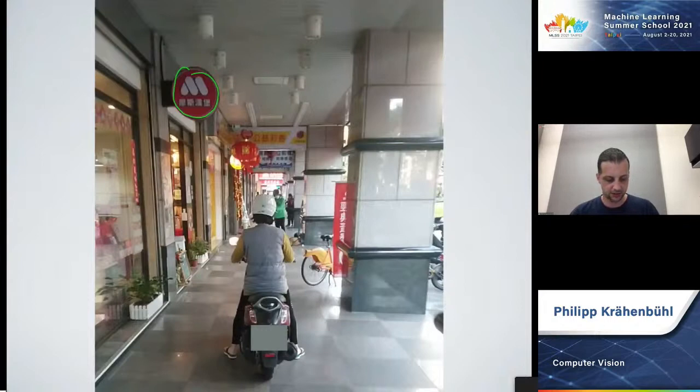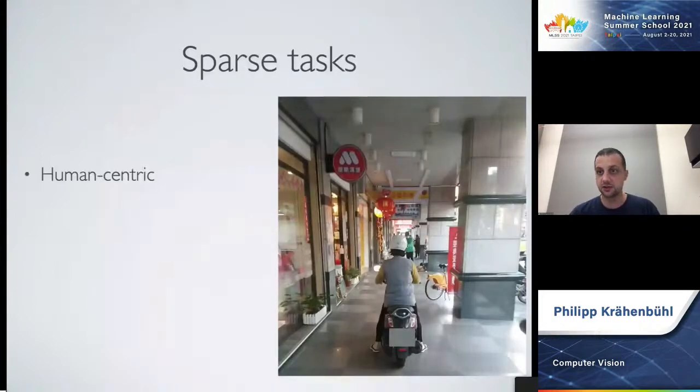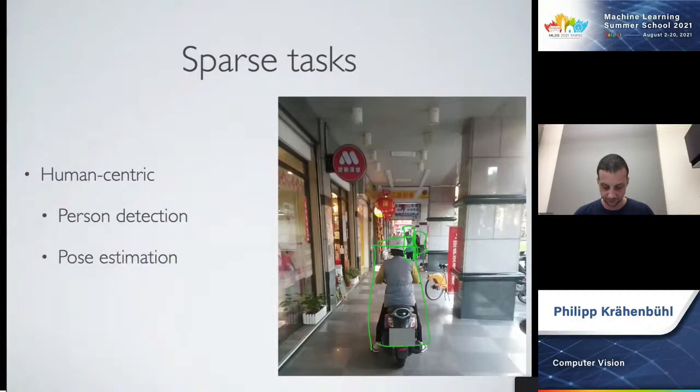In terms of sparse tasks, there are lots of human-centric sparse tasks, the first one obviously being detecting humans. Here, this would just be finding all the people. Once you detect them, you can start to analyze humans further. One thing you could do is pose estimation, where you want to find key points or the skeleton of the human, find all the joints, and their overall pose.